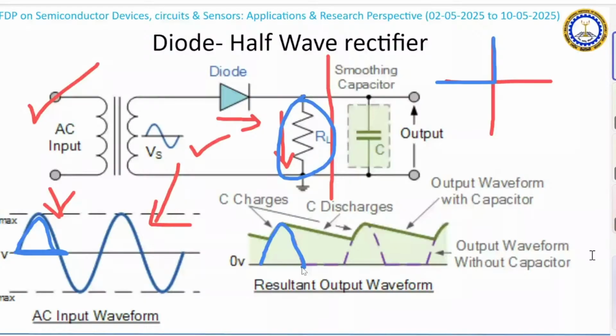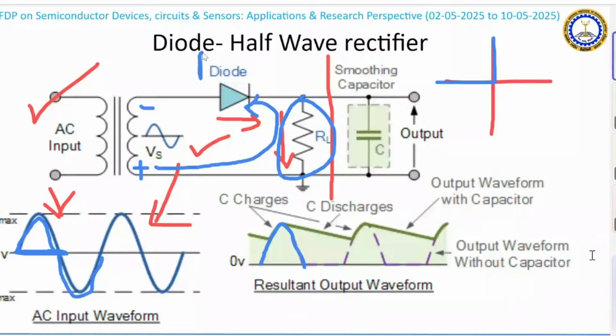Now whenever a negative cycle is seen, this is the negative cycle. Can I say that this is my positive, this is my negative? In this negative cycle, just see the polarity. This comes as positive towards the N side of the diode. The diode has P type here and N type here.